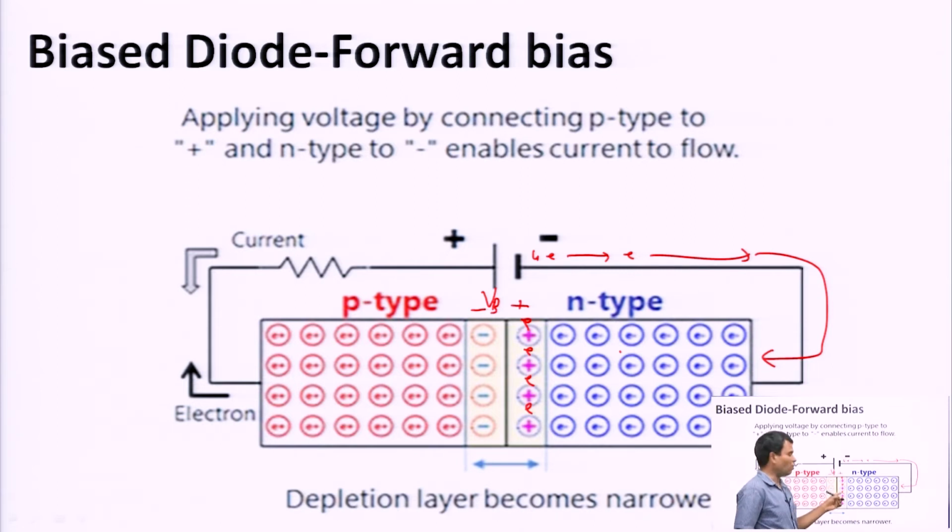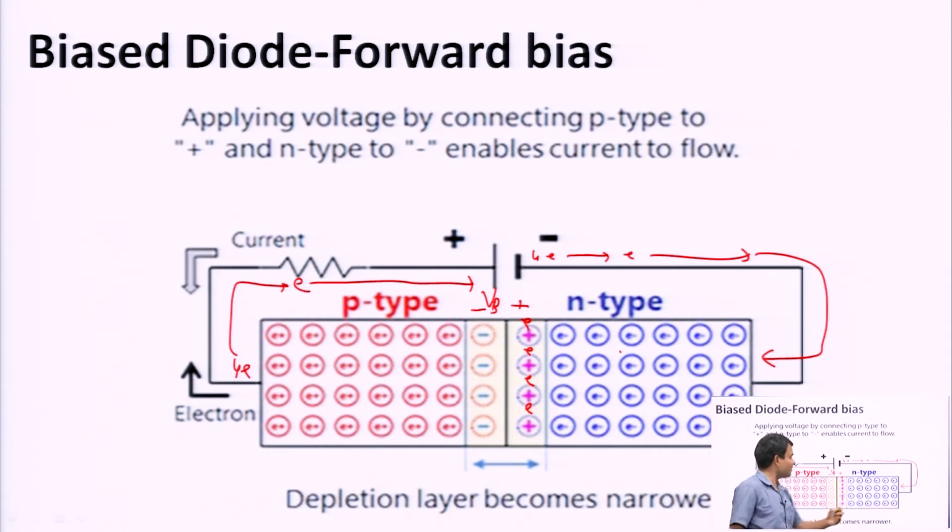The battery always maintains the conservation of charge, because since the 4 electrons have been released by this battery, this means the positive plate of the battery will attract 4 electrons from P type. 4 electrons will be attracted by the positive plate of the battery.